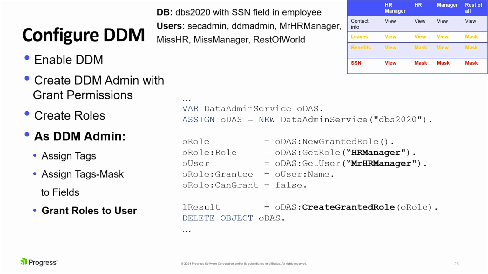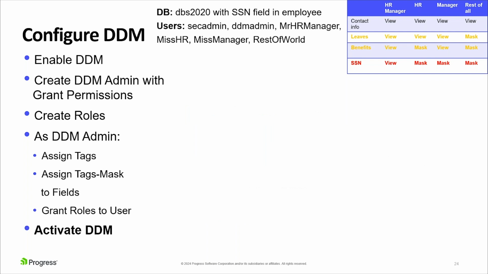And we are using the same API that we used to grant the DDM admin role: create grant role. So it will be granting the HR manager role to Mr. HR manager. So at this stage, we are done with most of the configuration that we needed to configure DDM in our database. Now the last step is to turn on this feature.